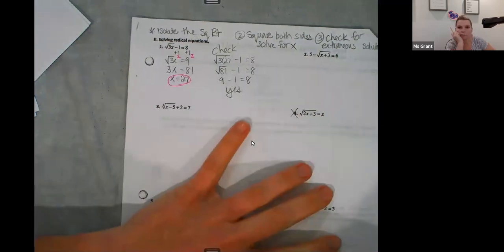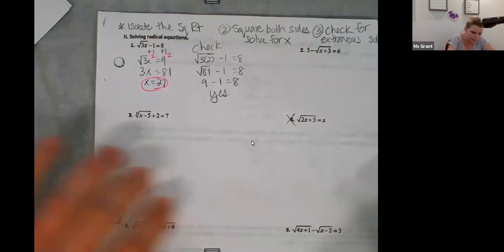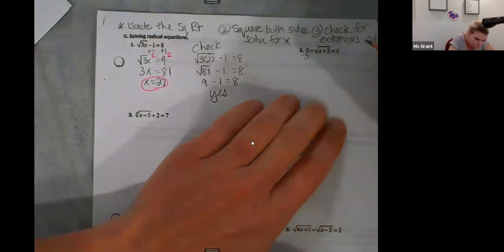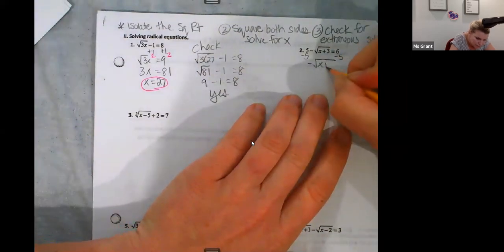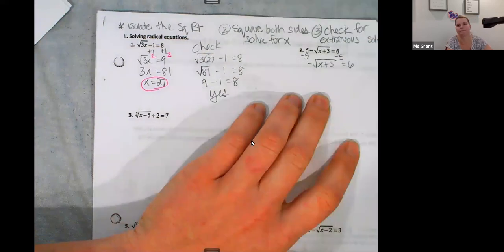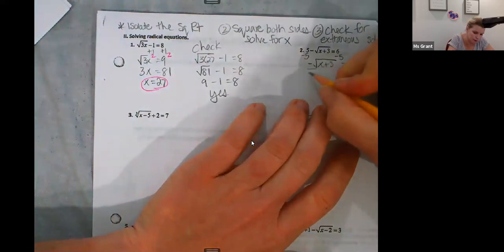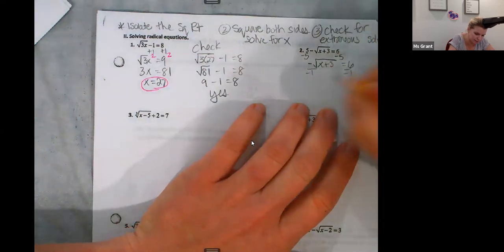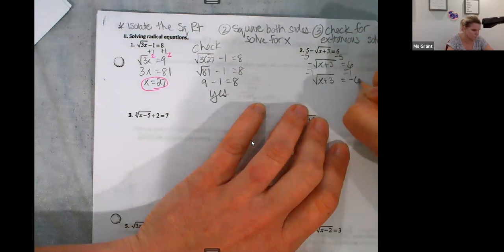Okay, number 2. Minus 5. Negative the square root of x plus 3 equals 6 minus 5. There's still a negative in front. I don't like that, so I'm going to get rid of the negative by dividing both sides by negative 1.